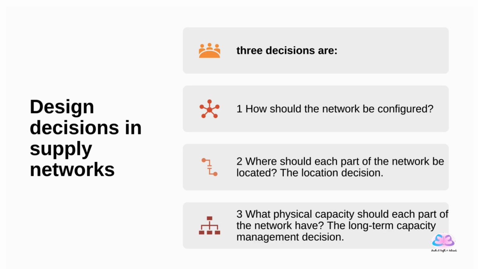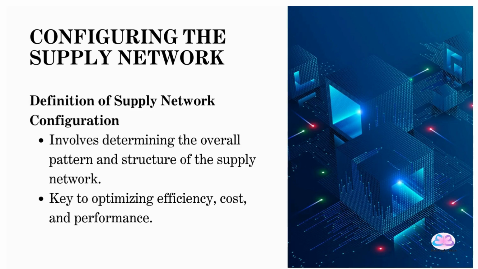The three decisions are: the first one is how should the network be configured? Second, where should each part of the network be located, or the location decision? Third is what physical capacity should each part of the network have, or what is called the long-term capacity management decision. Let's talk about configuring the supply network.